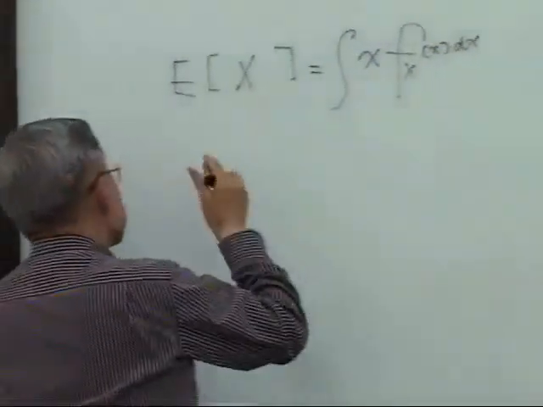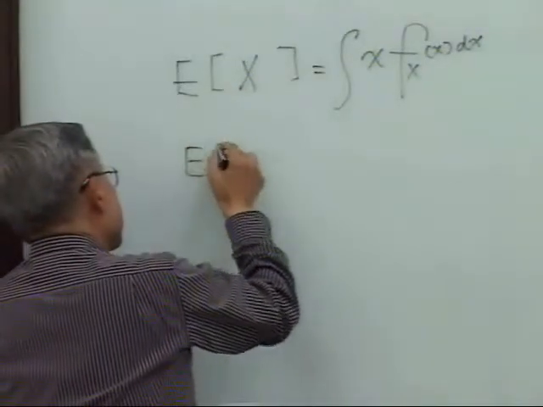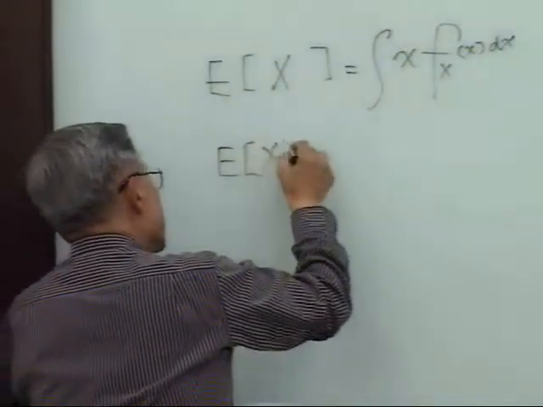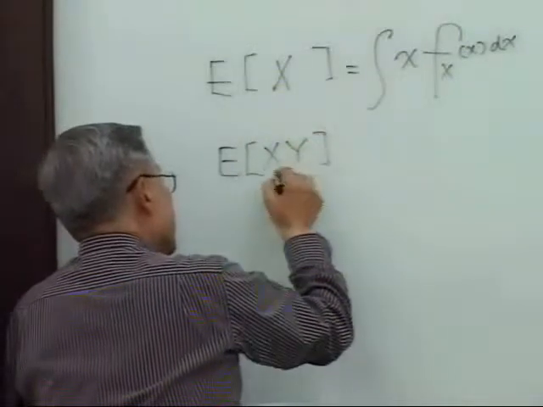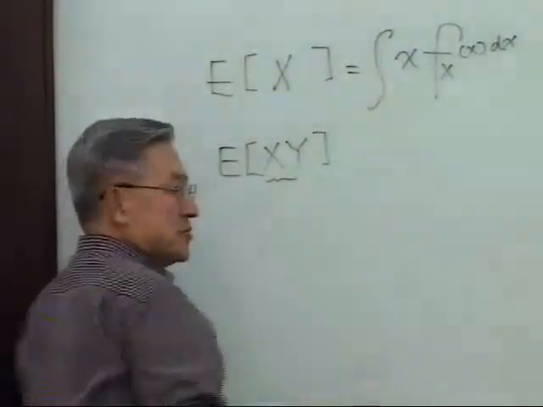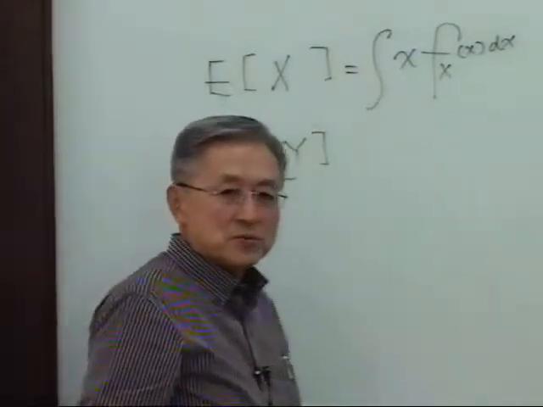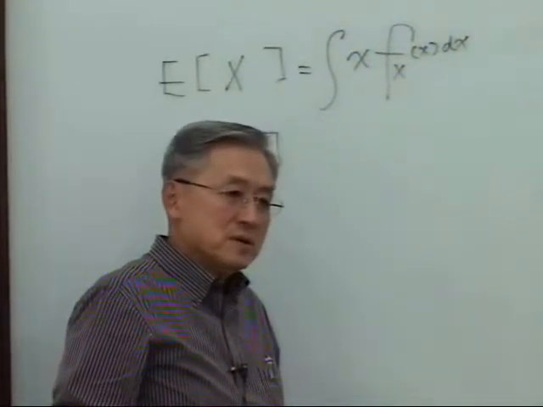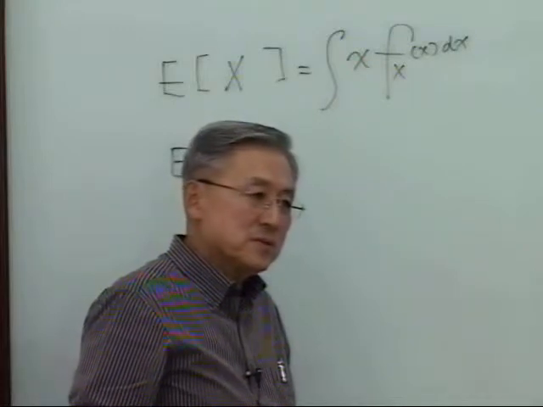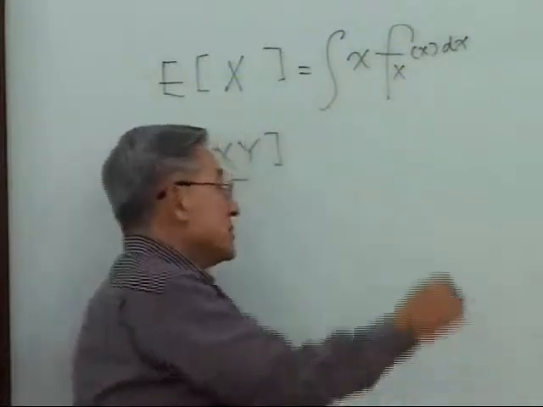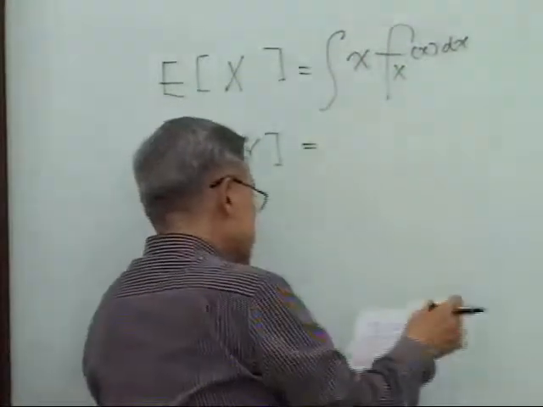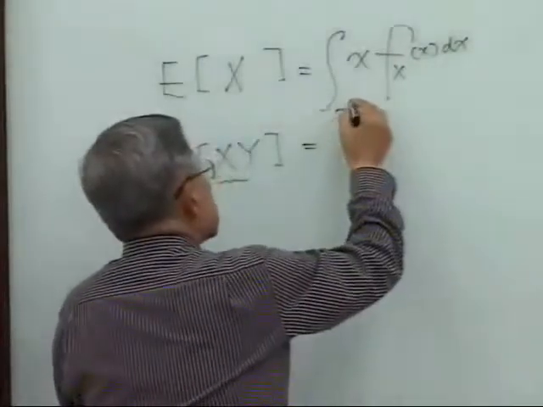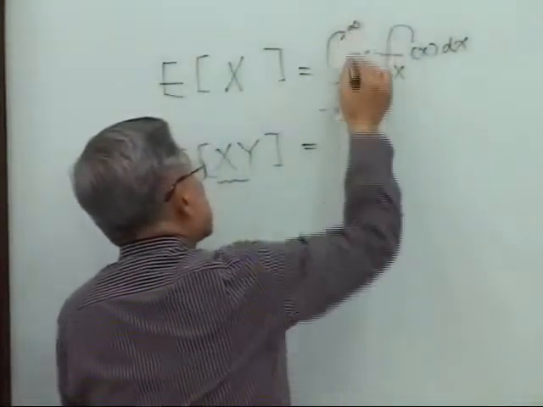But if you look at x, y, usually not independent of each other when you deal with a joint probability function, how can you express it?